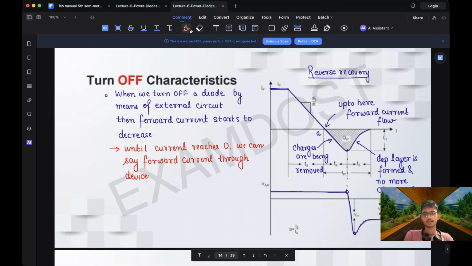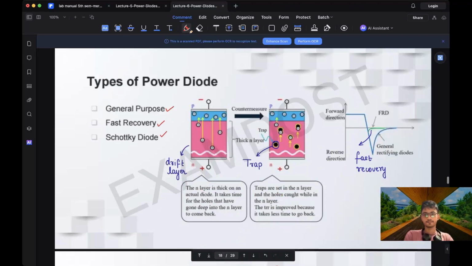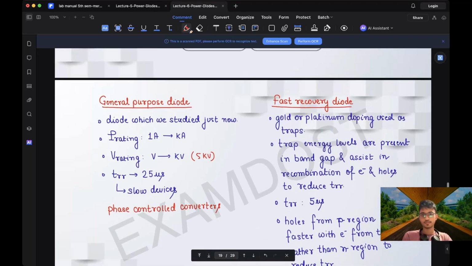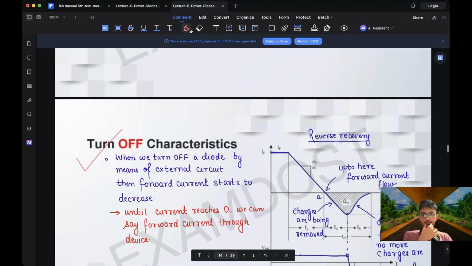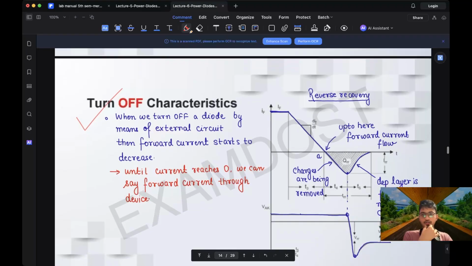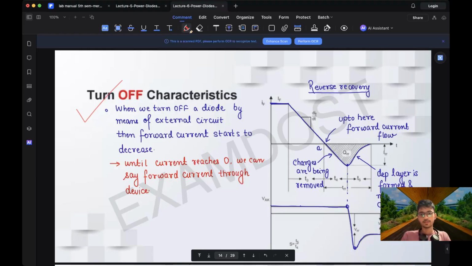And turn off characteristics, if you want to understand. When we turn off a diode by means of an external circuit, then forward current starts to decrease.